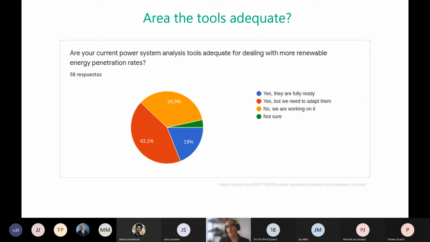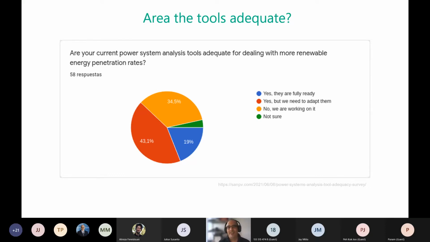So my first question, or one of the main ones from the survey, was, are the current tools that we use to deal with renewables adequate? The answers I allowed were yes, fully ready, yes, but we need to adapt them, and no, we are working on it, and then not sure.